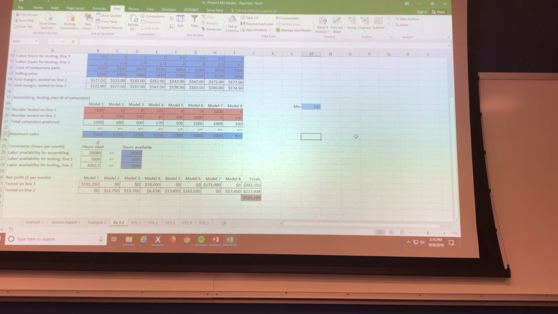It didn't want to make 100 of each one of them. It wanted to only make 4 of the 8 computers. But once you make it do that, it tightens your constraint, adds a constraint, and it lowers the objective function if it's a maximization.